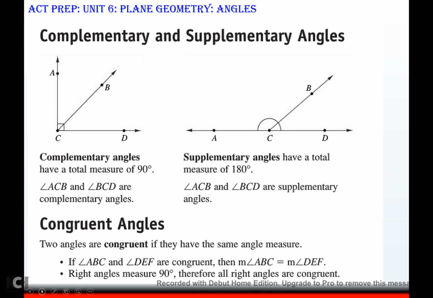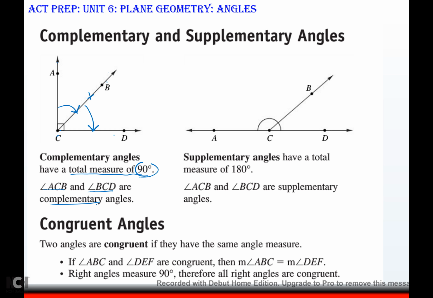Complementary and supplementary angles. Complementary angles have a total measure of 90 degrees. So if I added angle ACB, which would be from here to here, and I added angle BCD, that would be from here to here, altogether that would equal 90 degrees, which makes angle ACB and angle BCD complementary angles.